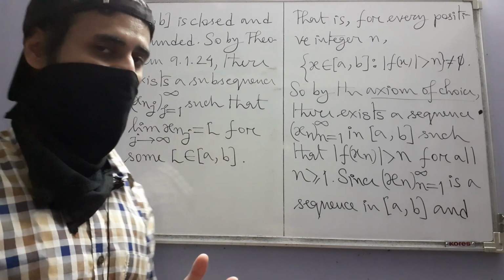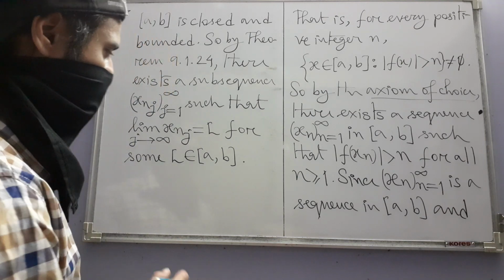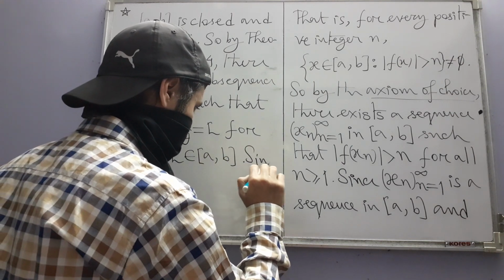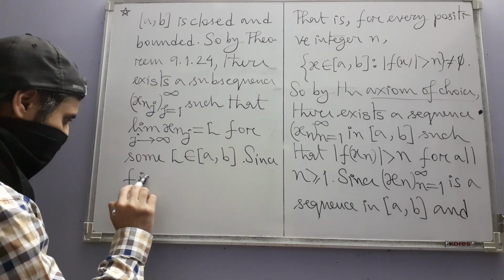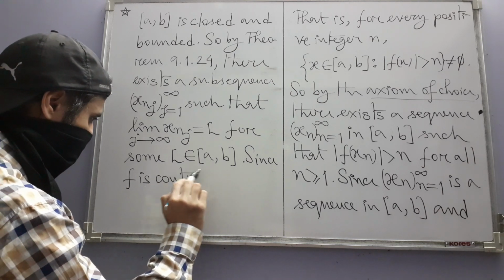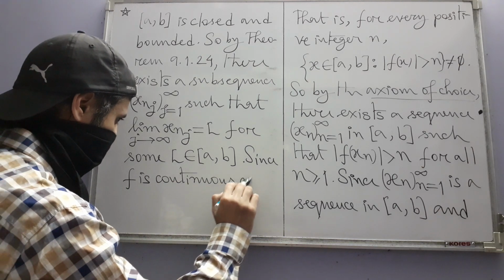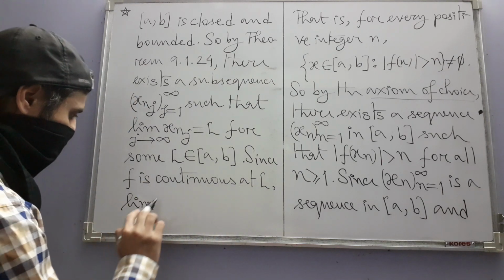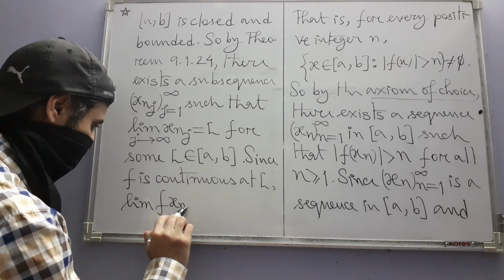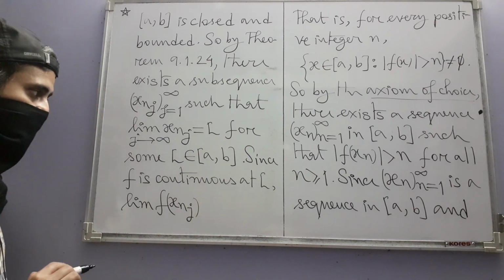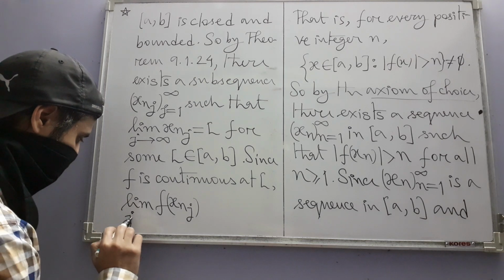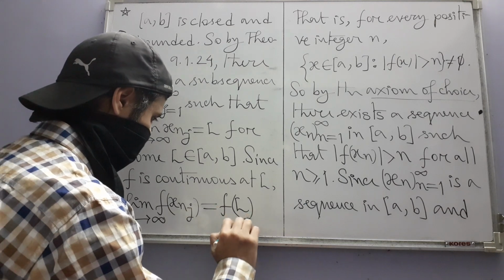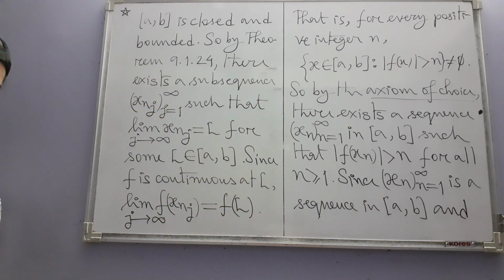So by the sequential formulation of continuity, because this is a convergent sequence, since f is continuous at L, we should have this. The corresponding functional values are going to give us another sequence. That sequence should converge to the functional value at L, f of L.